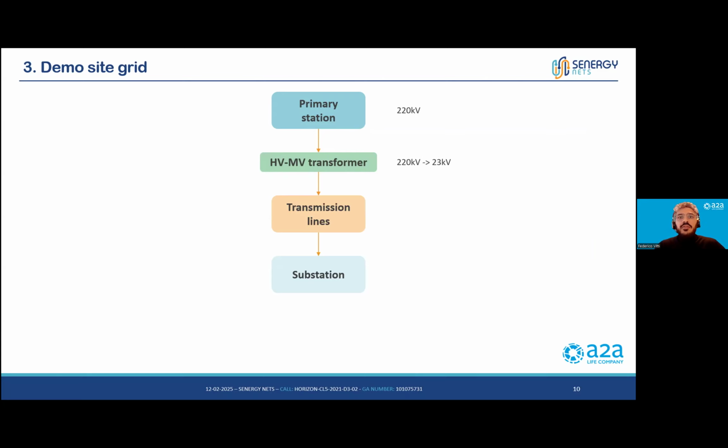And this can happen in two different modes, depending on the type of the secondary station we are considering. The first mode is when a secondary station has the same voltage level as the substation, so 23 kilovolt. So they are directly connected to the substation through the feeder, and they don't need any electricity reduction.